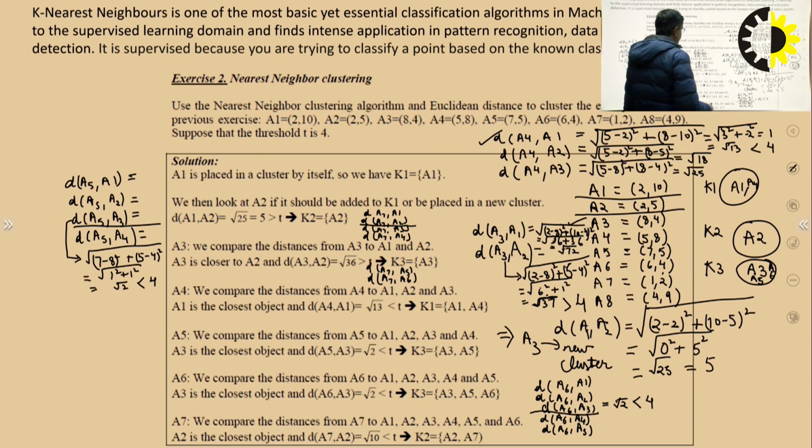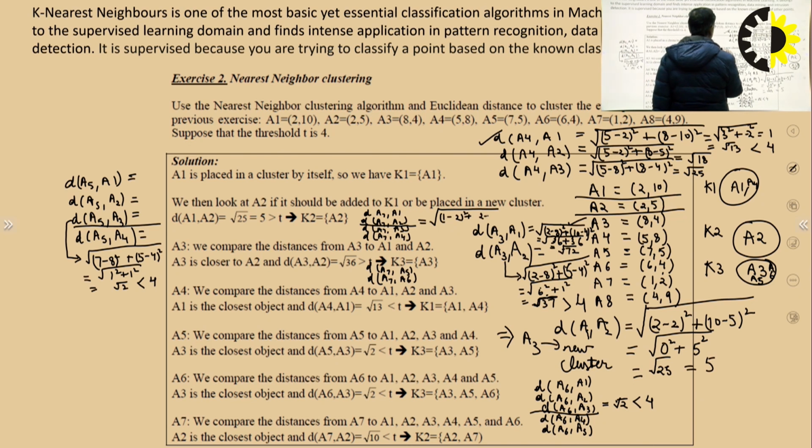The distance between A7 and A2 is 1 minus 2 whole square plus 2 minus 5 whole square, which comes out to 1 square plus 3 square.